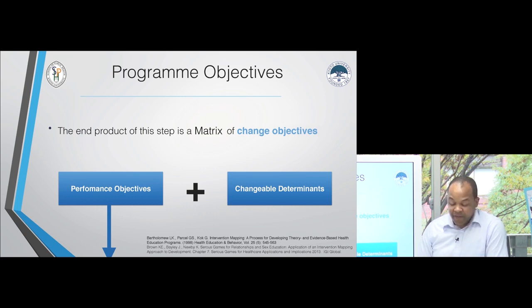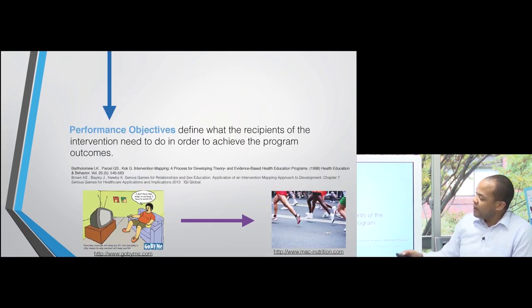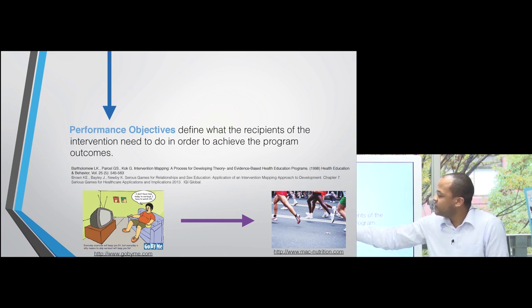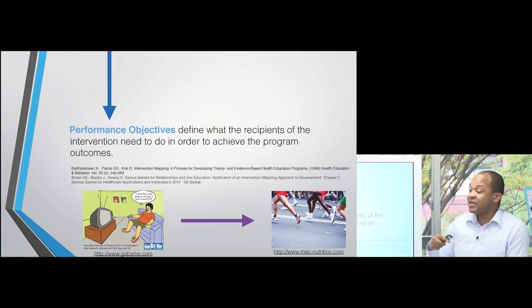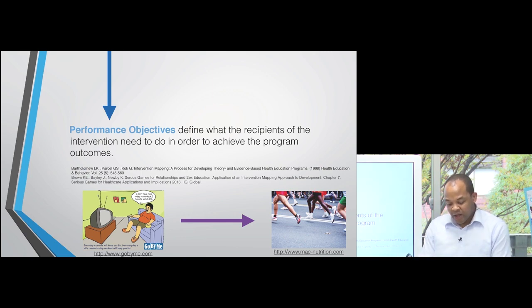First, for performance objectives, these define what the recipients of the intervention need to do in order to achieve the project or program outcomes. So performance objectives define what the recipient of the intervention needs to do. What is it that they need to do to achieve the goals of the project or the program, right?